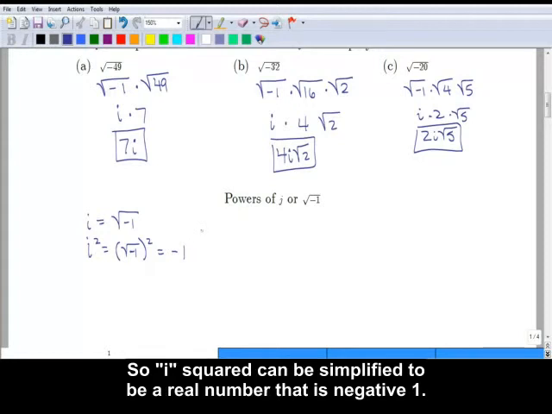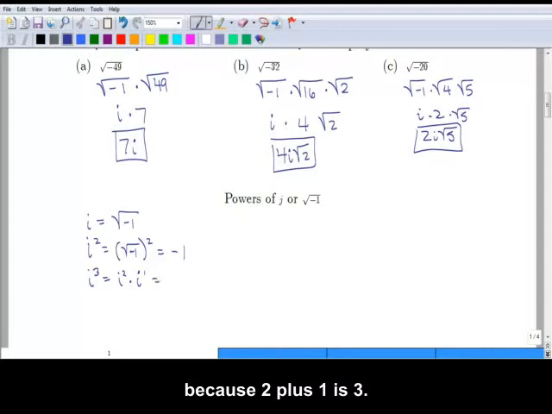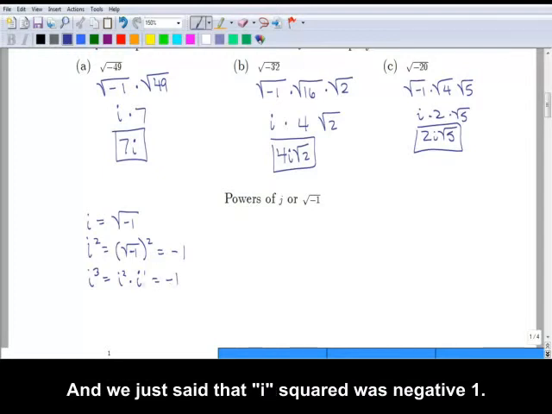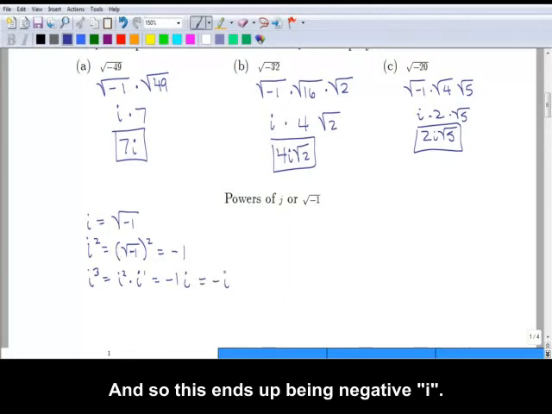So i squared can be simplified to be a real number that is -1. i cubed we can split up to be i squared times i to the first, because 2 plus 1 is 3. And we just said that i squared was -1. We keep i as it is, and so this ends up being -i.